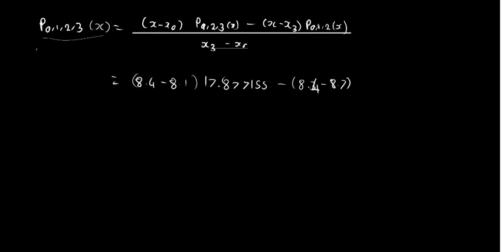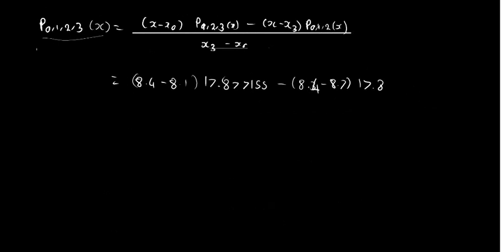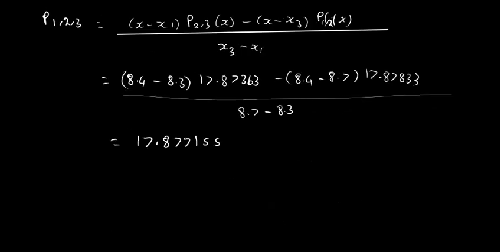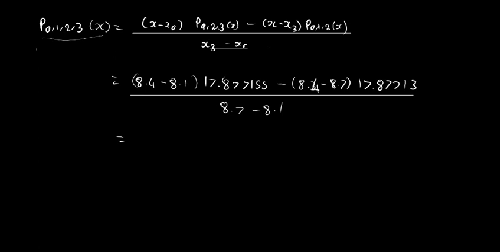Over, then this is going to be our x3, 8.7 minus 8.1, which is 0.6. 0.3 times 17.877155.